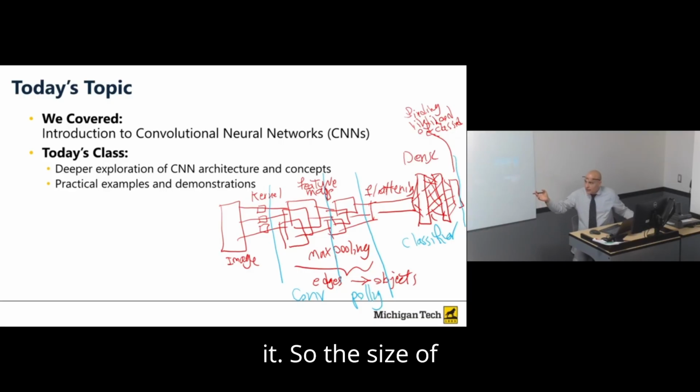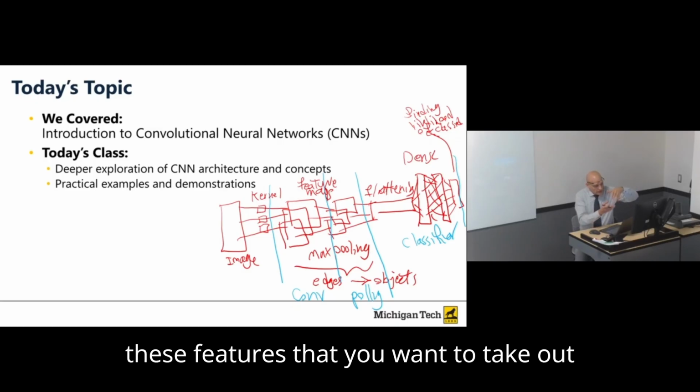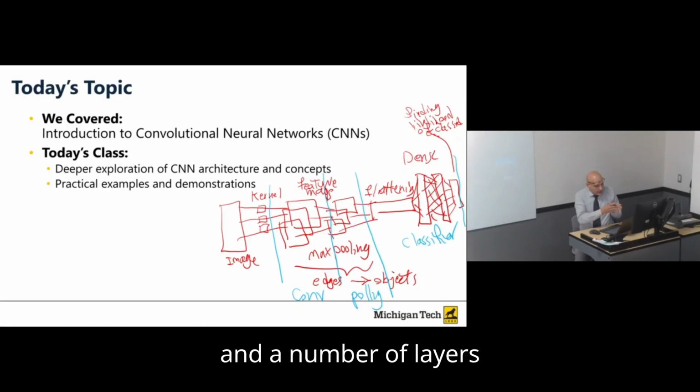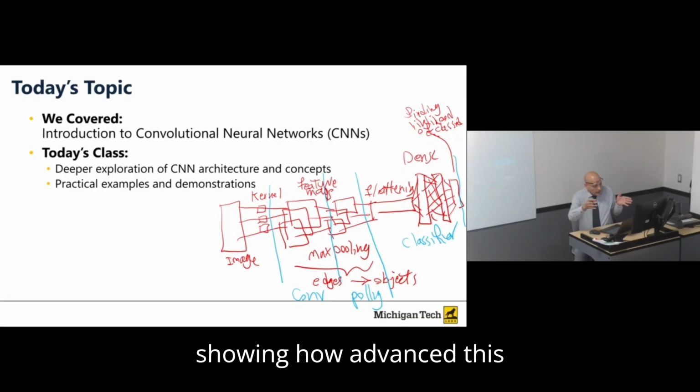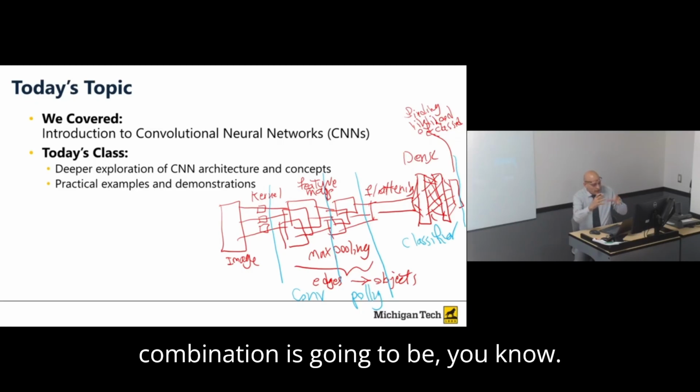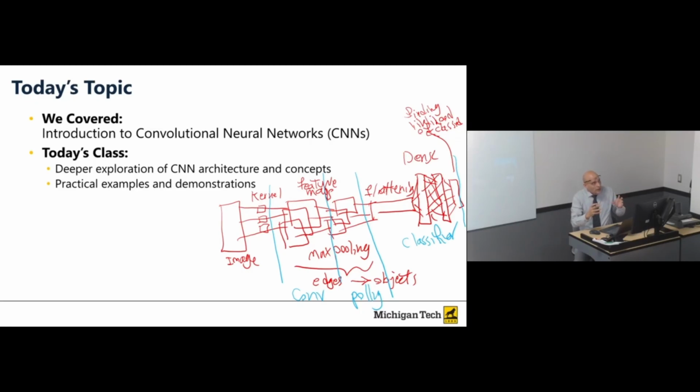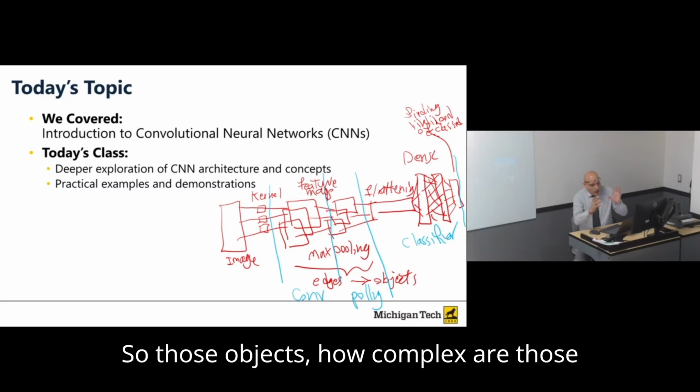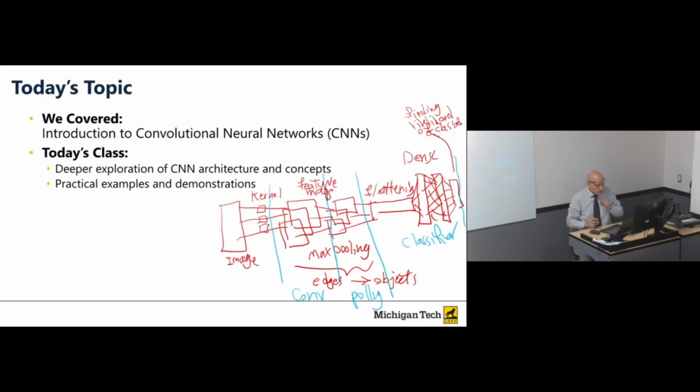So the size of the kernels specifies the features that you want to take out, and the number of layers shows how advanced this combination is going to be, how complex those objects are.